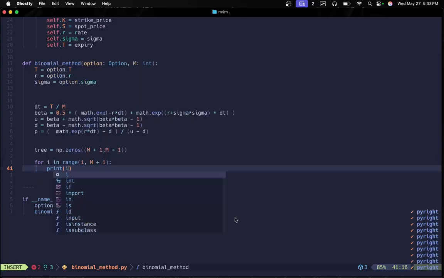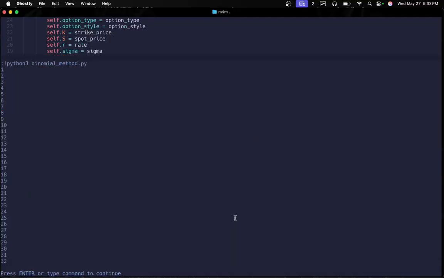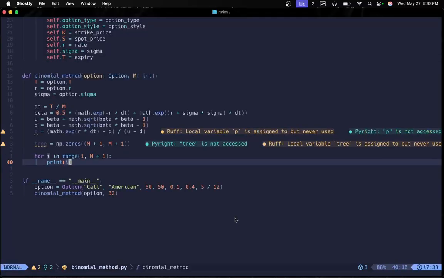Let's print i. 1 to 32. Fine. That's exactly 32. And then we're ignoring the 0 because we already have 0. Okay, fine. I think that's okay.